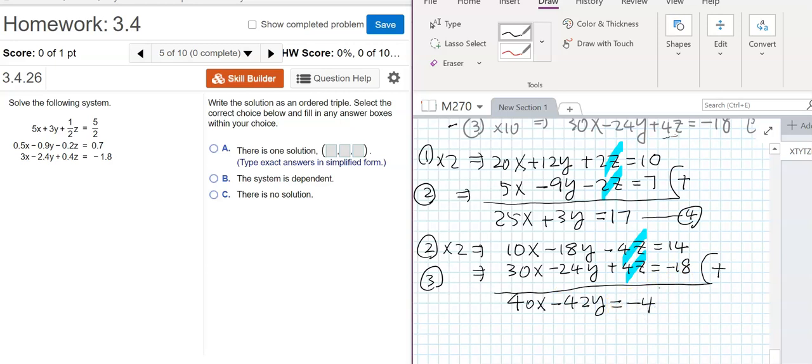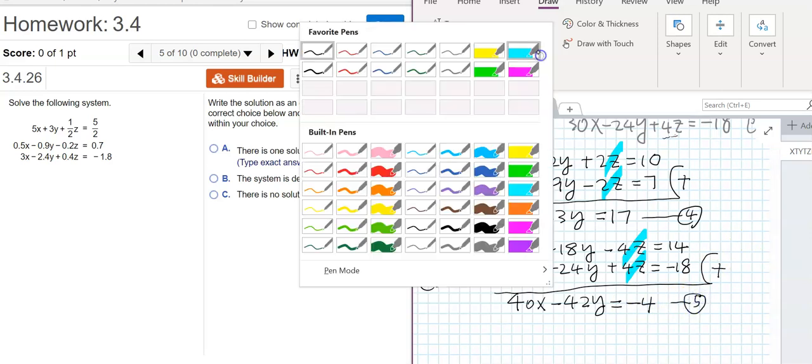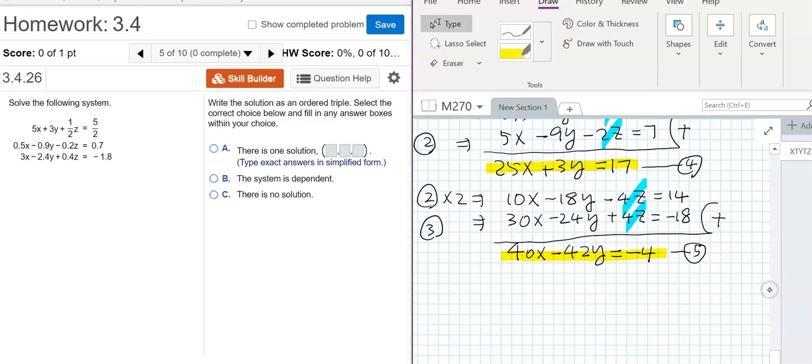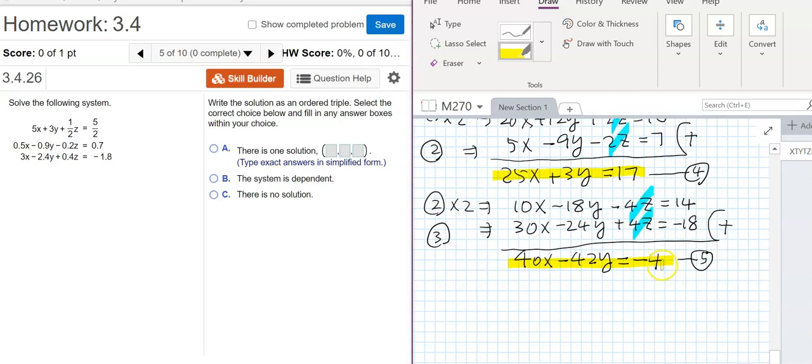So now I'm going to call this equation 5. So you're going to work with this equation and then this one. Letter z is gone. So now equation 4 and equation 5. Now this is 25, this is 40.